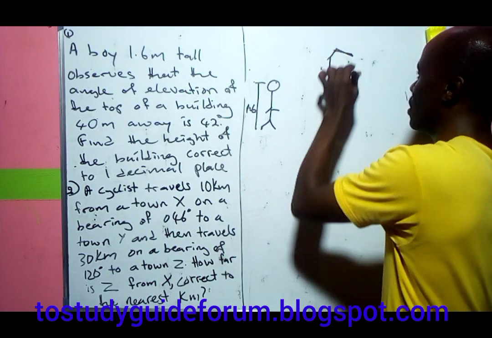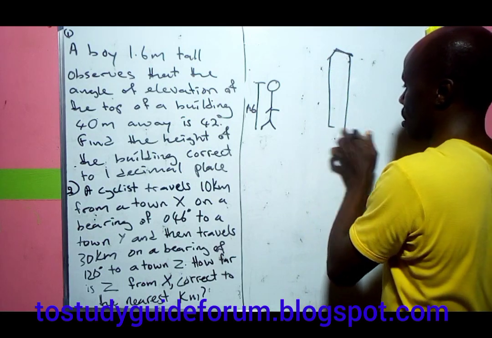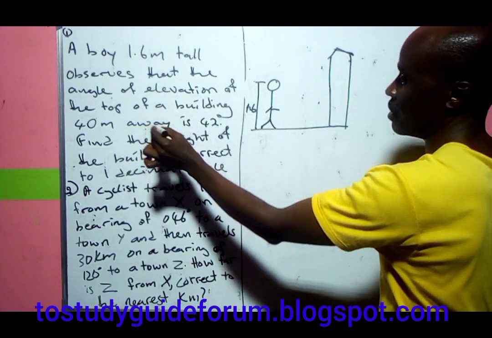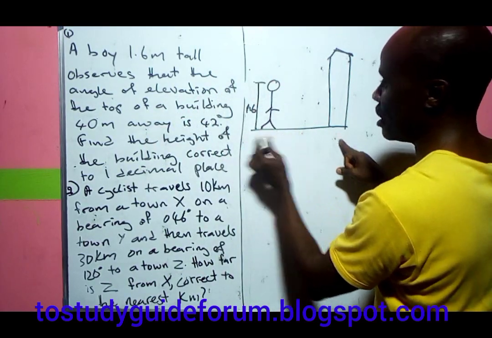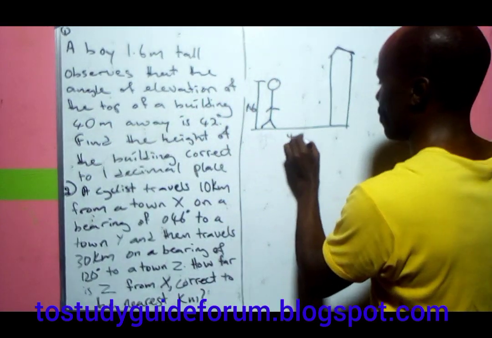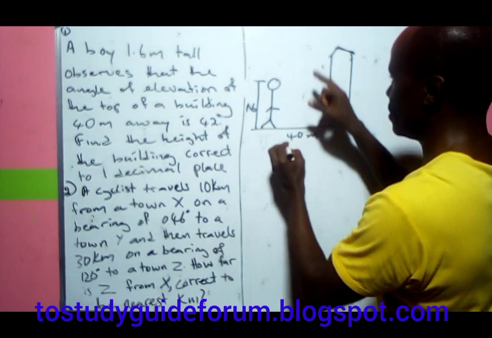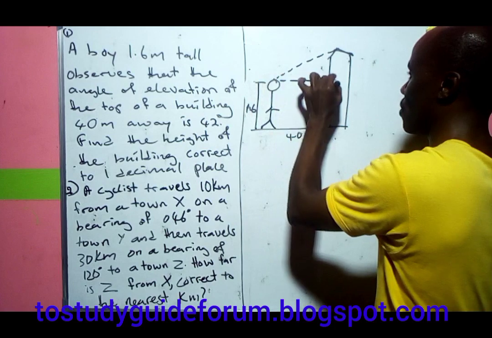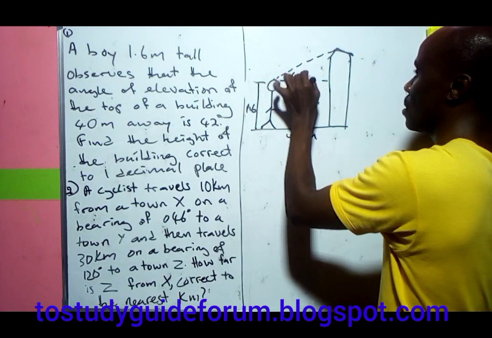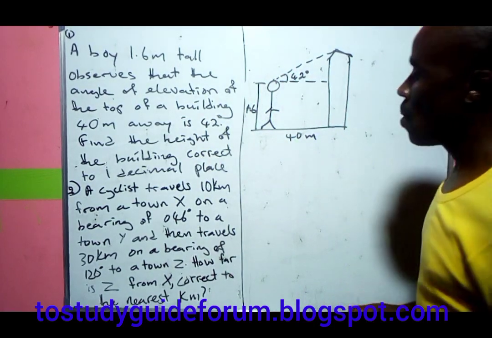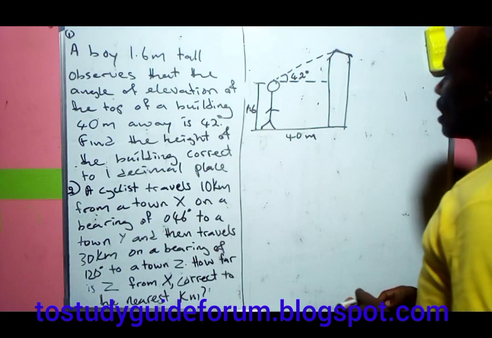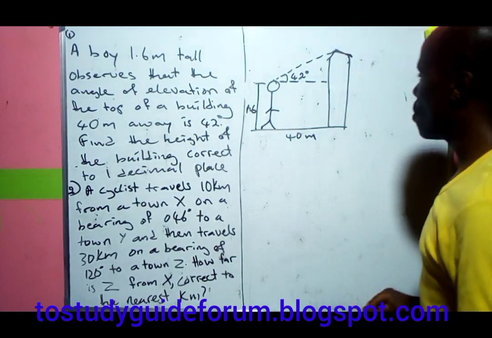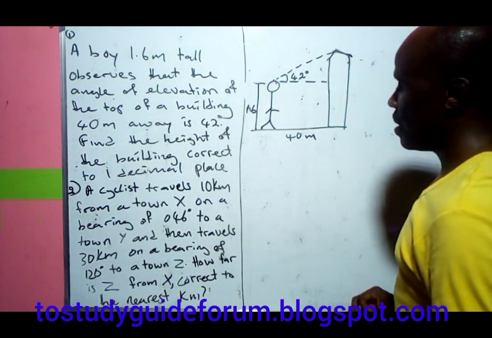So the elevation of this building is 40 meters away from the boy, and the angle of elevation from the top is what? So now the next thing we do is find the height of the building correct to one decimal place.